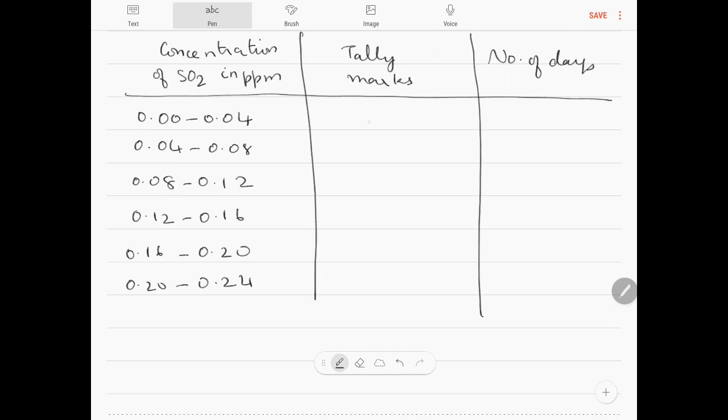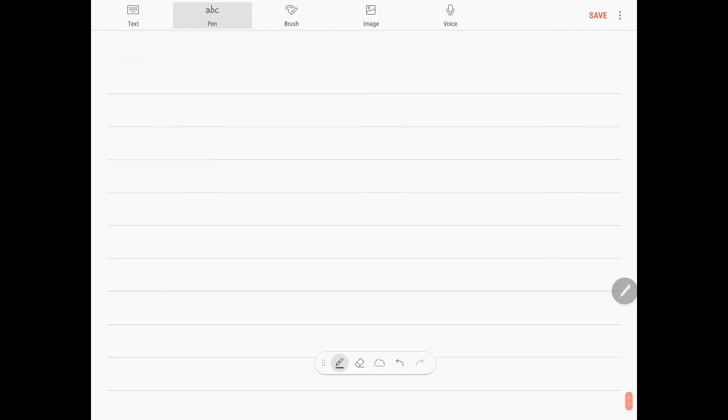The tally marks: this will be 4, this will be 9, and the fifth value will always be crossed. Next will be 9, then 2, next 4, next 2. So this is the chart.